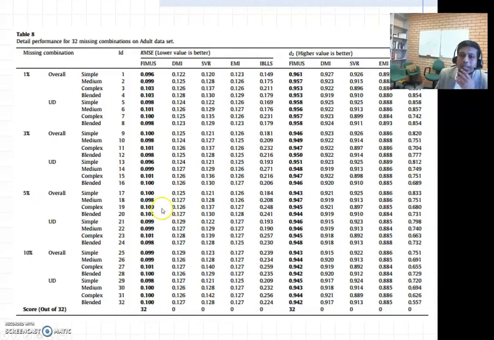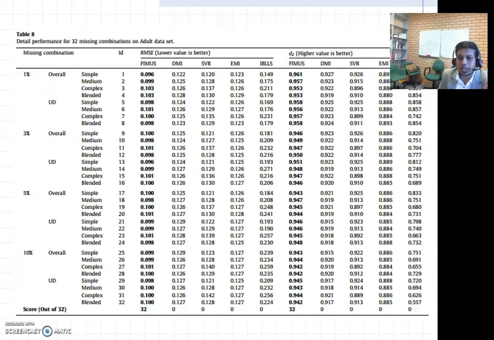Now we applied this on a dataset called the adult dataset and also many other datasets, but in this example we are showing the results on the adult dataset, and we made the missing values using a total of 32 different combinations. So 1% missing value, 3%, 5%, and 10%. This is the missing rate. That means 1% of the values are totally lost, or made missing.